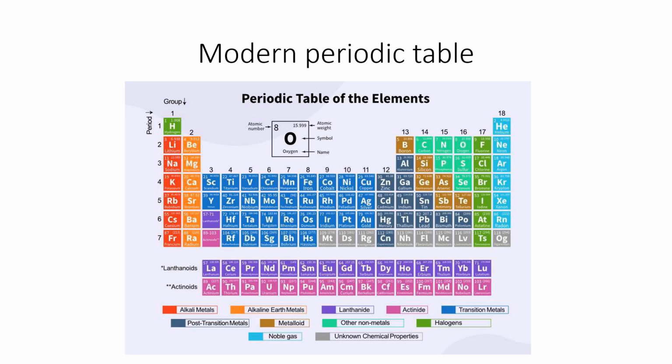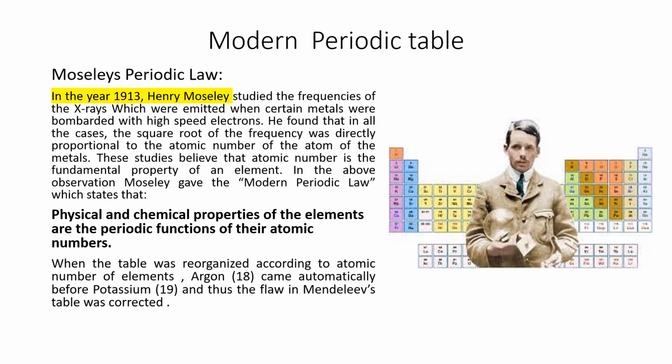Now I will discuss the modern periodic table. You see here the modern periodic table, and here it indicates alkali metal, alkaline earth metal, lanthanide, actinide, transition metal, etc. Now let's discuss Moseley, who arranged the modern periodic table.